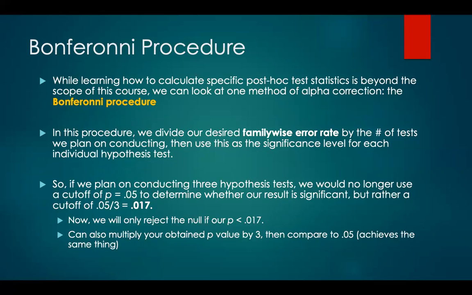So if we plan on conducting 3 hypothesis tests, we would no longer use a cutoff of p equals 0.05 to determine whether our result is significant, but rather a cutoff of 0.05 divided by 3, or 0.017. Now we will only reject the null for one of our post hoc tests if our p-value is lower than 0.017. Another way you can do this is by multiplying your obtained p-value by 3, then comparing to 0.05. This achieves the same thing.